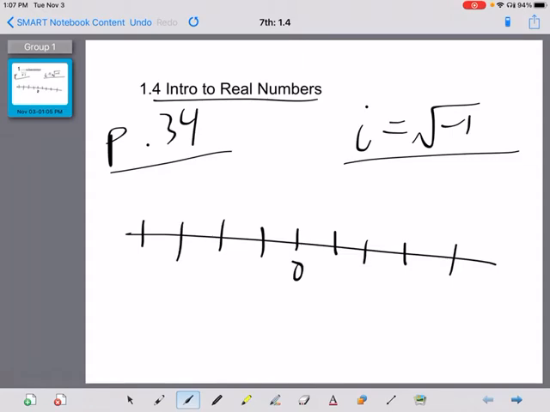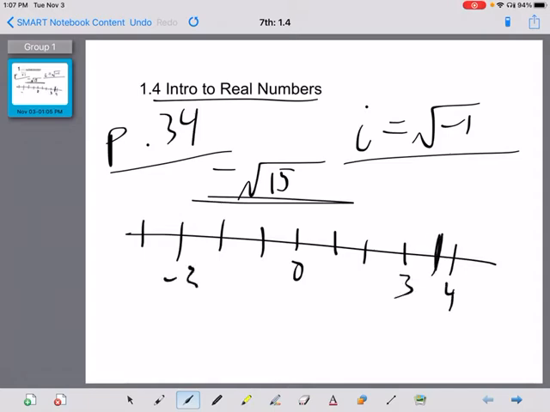They're just showing you the negative absolute value of the square root of 15. That's how this reads. The negative absolute value of the square root of 15 could be either right here between -3 and -4, or right there between 3 and 4.